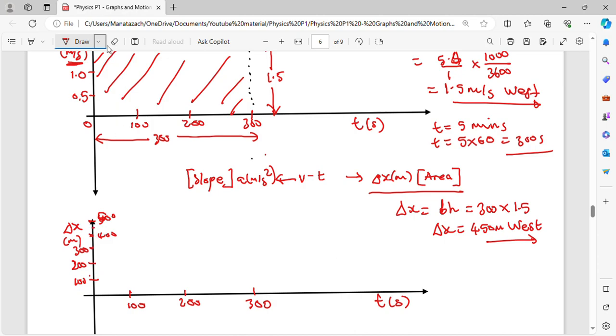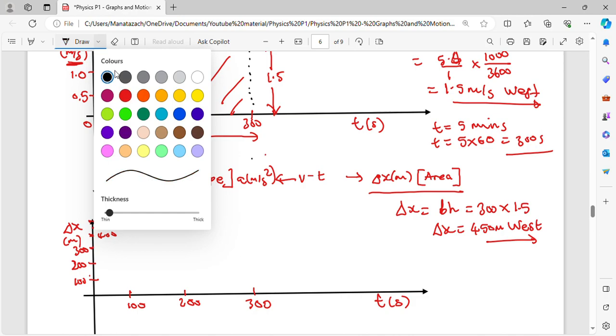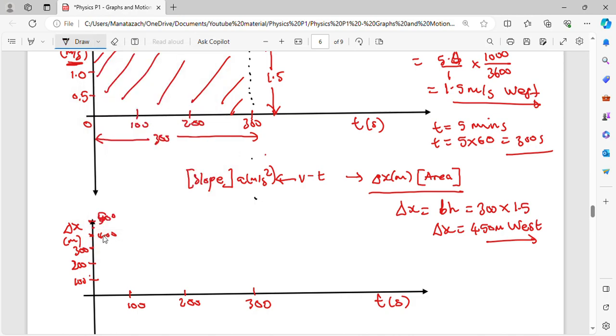Okay, let's make our graph a little bit prettier. Okay, so 450, it's there between 400 and 500. So the position from the velocity time graph will start from 0, and then it will go up to 450 after the girl has reached 300 seconds.